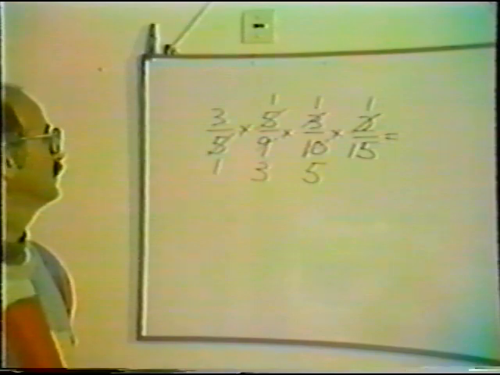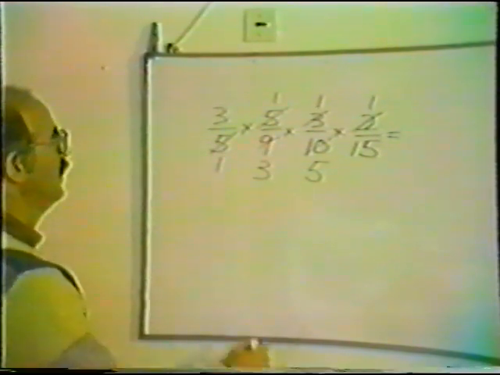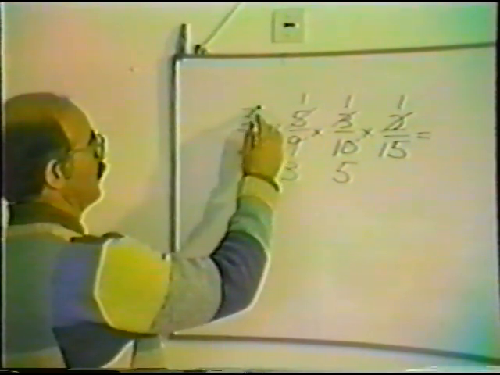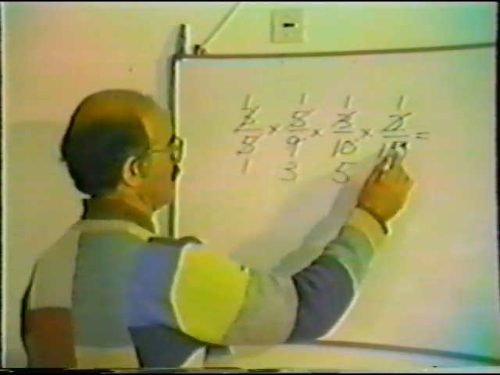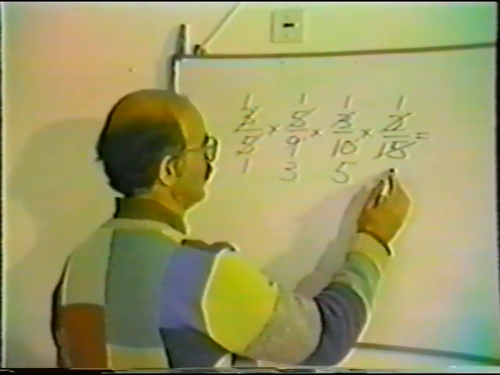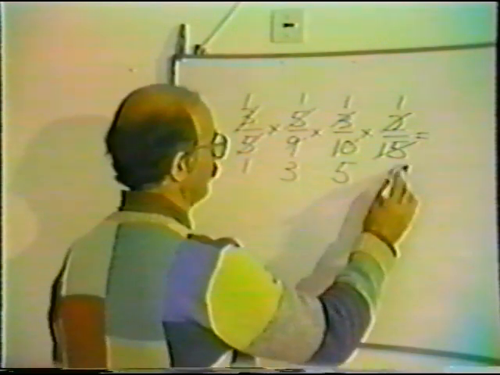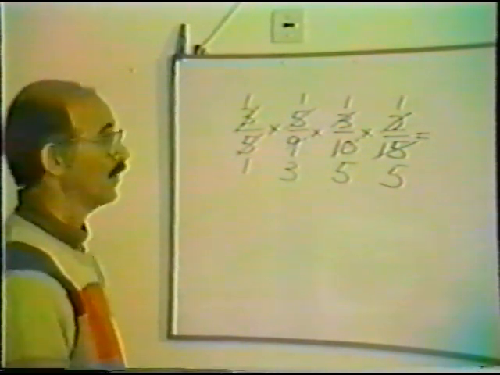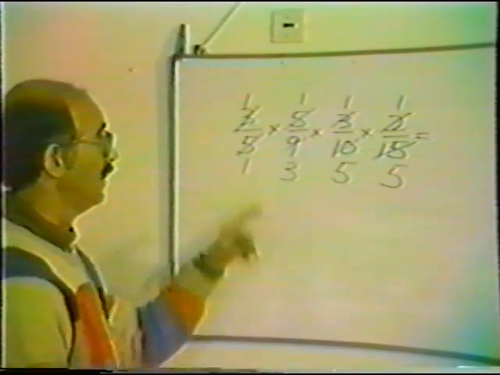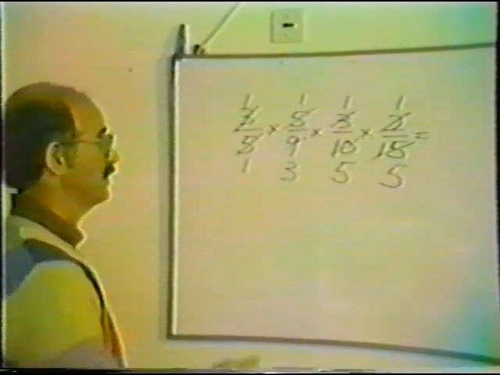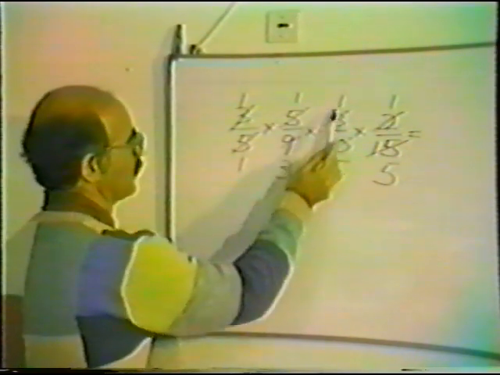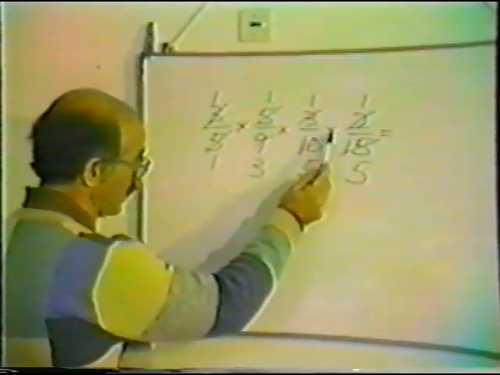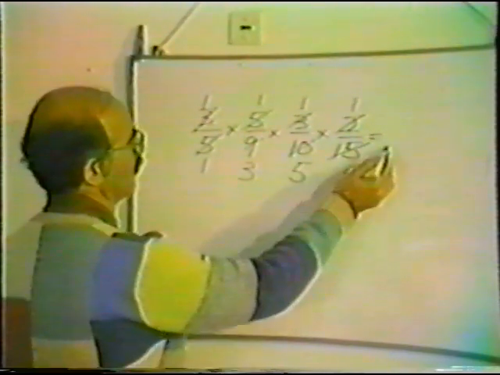And what's another pair of numbers? 3 and 15. 3 into 3 is? 1. And 3 into 15 is? 5. Okay, I think we're ready to multiply across. All we have on top is ones. 1 times 1 is 1, times 1 is 1, times 1 is 1.